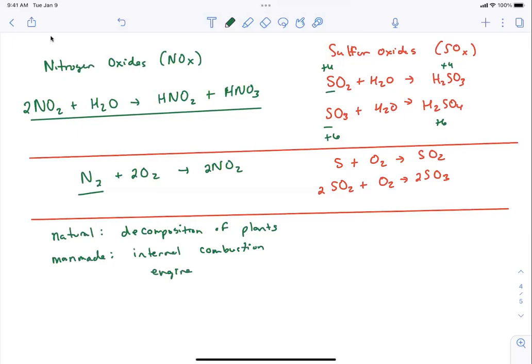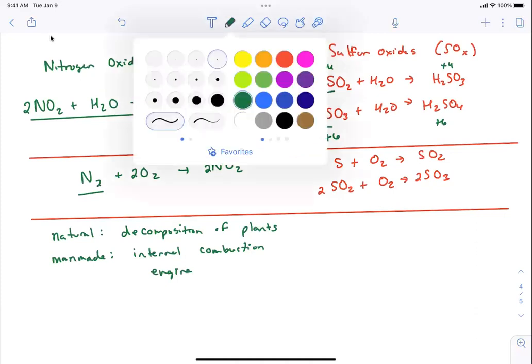Because even in the best engines, they take in air to create combustion. Nitrogen is the most predominant thing in air. It's like 74% of air. So some of the nitrogen also gets combusted along with the fuel, with the intense heat and stuff like that. So the man-made source is the combustion engine.